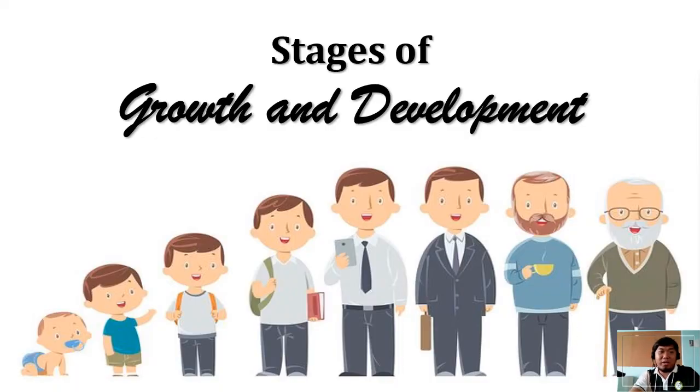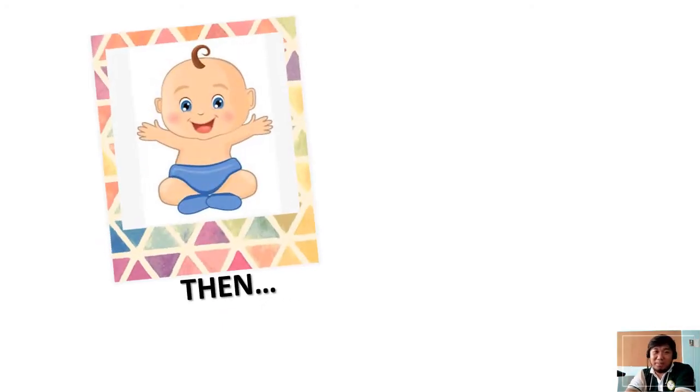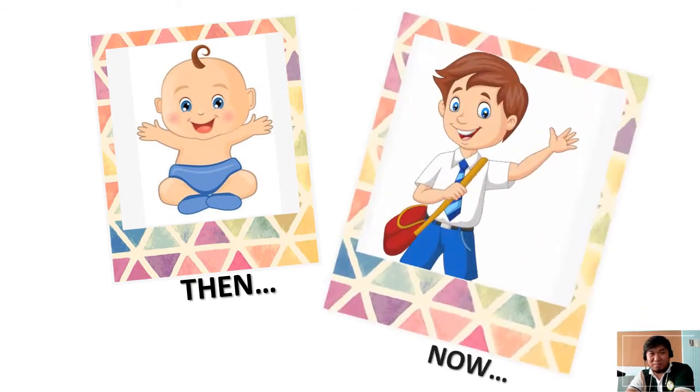Now, we are ready to discuss the 9 different stages of growth and development, which we can also call our life cycle. Come on, let's start. Before we start, I would like you to get a picture of you when you were a baby and your current picture.